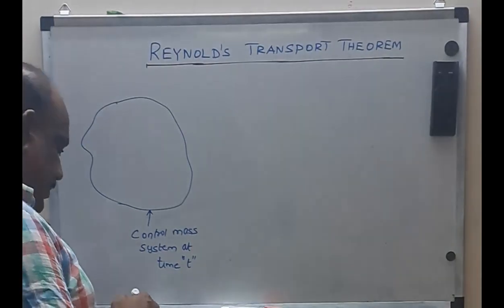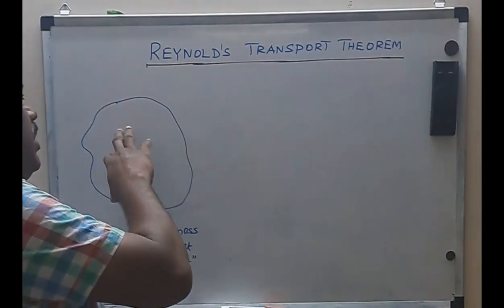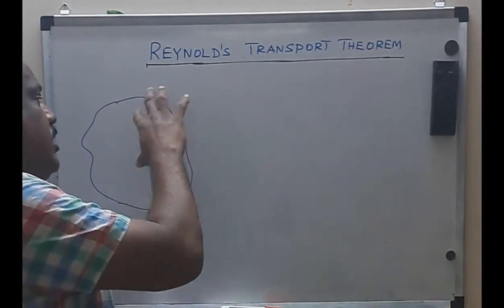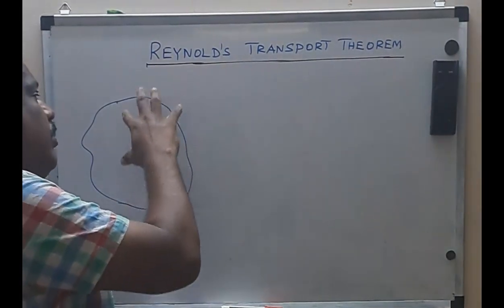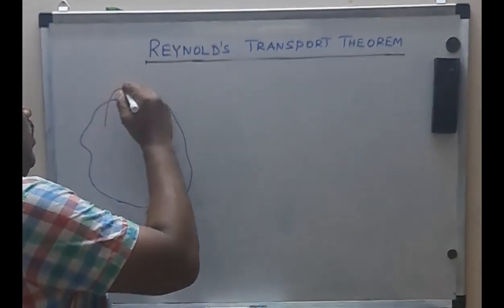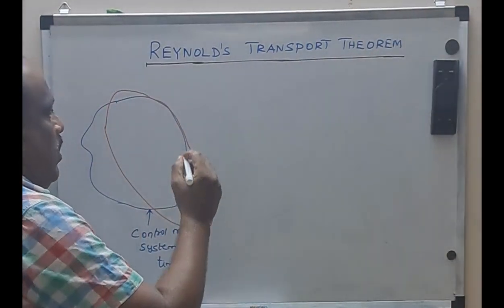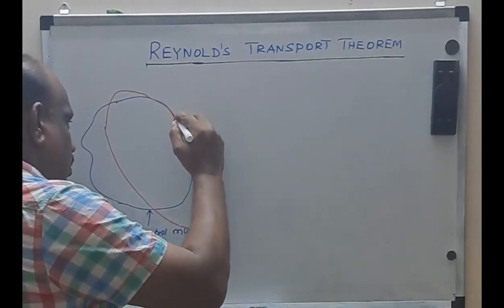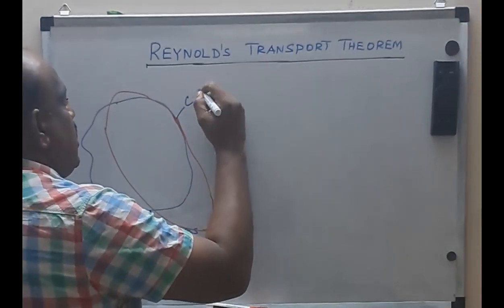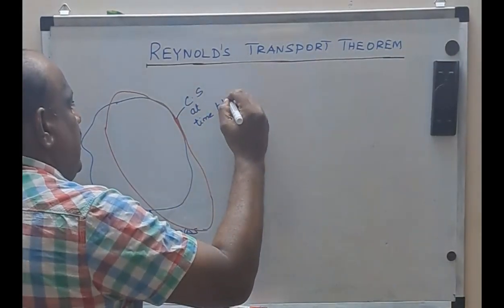So this is at time t. The fluid molecules are trying to move, and hence this control system also tries to move and capture all the fluid molecules within it. So this is nothing but the same system, and this is also the control system at time t plus delta t.